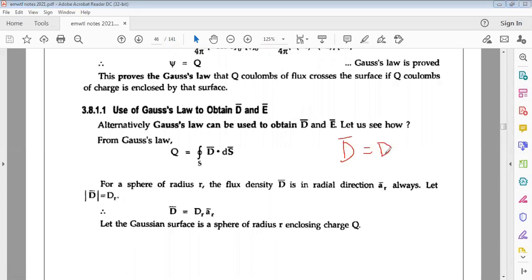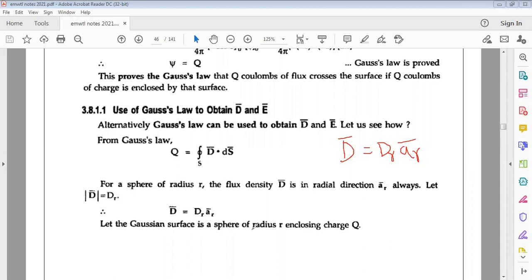When D bar is there, it changes to a vector having the direction ar bar. So take the component Dr. So D bar is equal to Dr into ar bar.